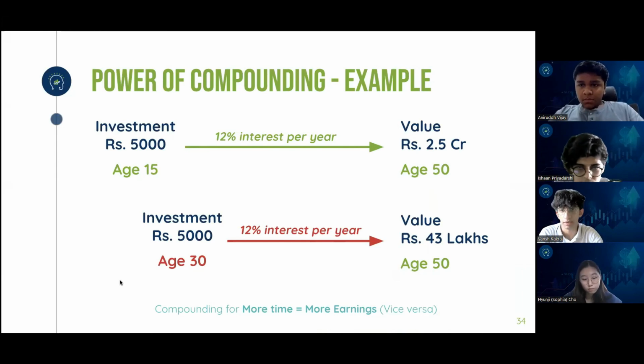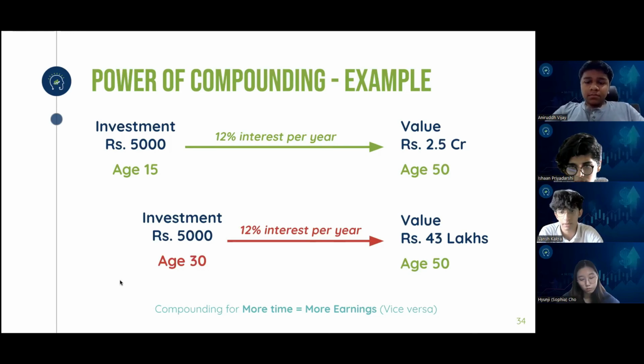This shows that by just investing rupees 5,000 in a mutual fund at the age of 15, and assuming that the market does not crash in between and it gives the returns, you will jump up the money from rupees 5,000 to rupees 2.5 crore at the age of 50.